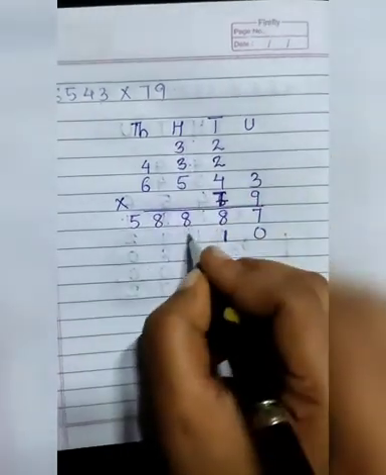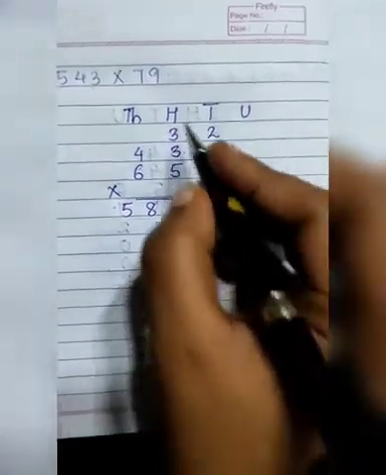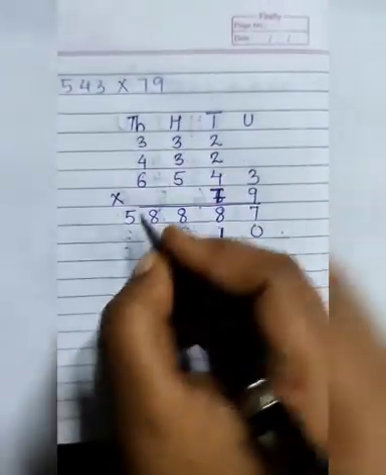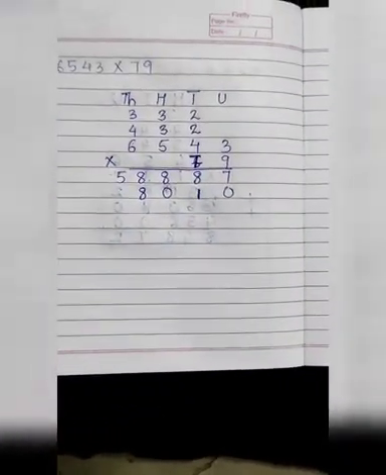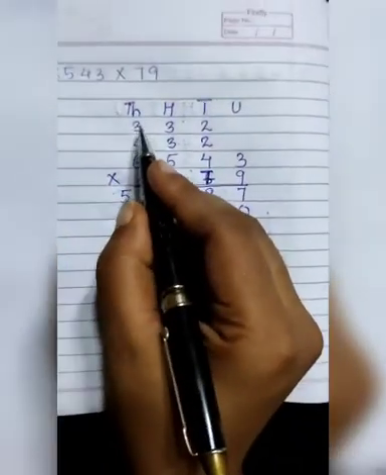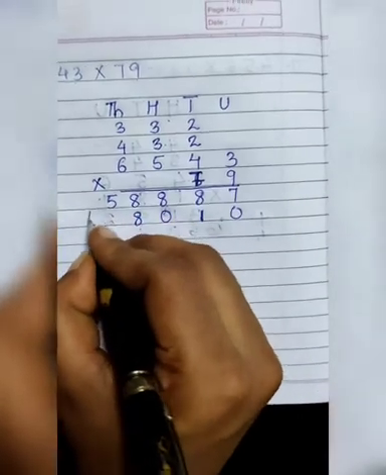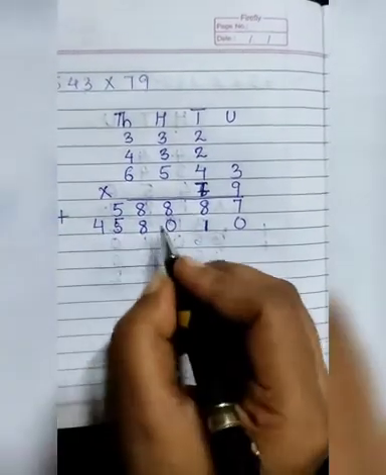So 3 over here and 0 here. 7 fives are 35. Plus 3 will be 38. So 3 we will write up and 8 down. 7 6s are how much? 42. Plus 3 it will be 45. So 45 we will write down, plus sign.